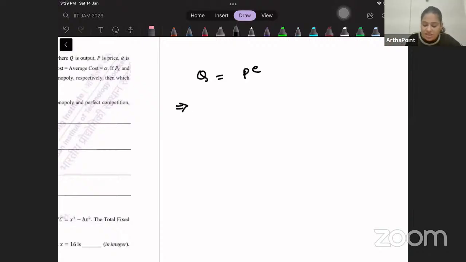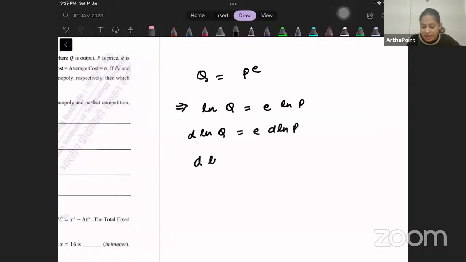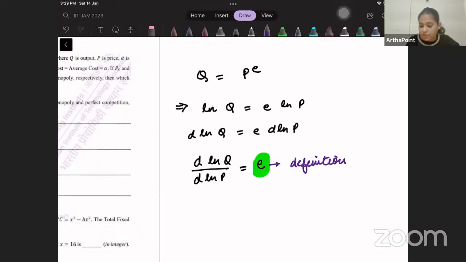Can I rewrite this thing as log Q is equal to E log P? Note that if I differentiate on both sides, then d ln Q by d ln P comes down to E. And exactly this is the definition of elasticity.